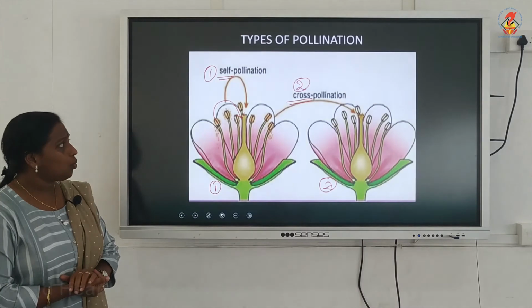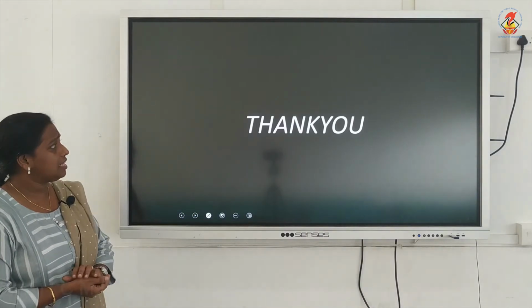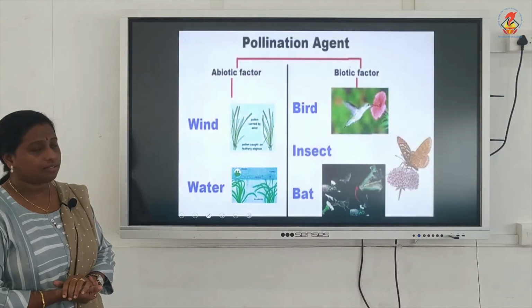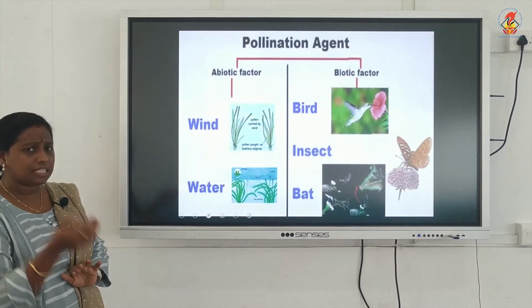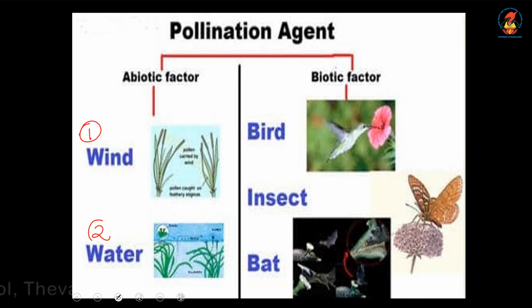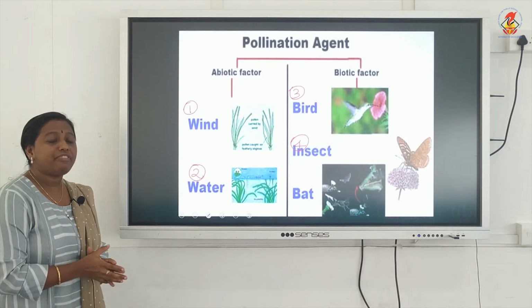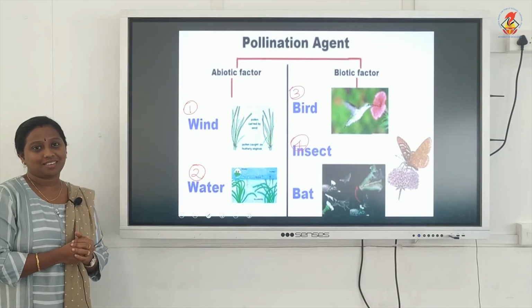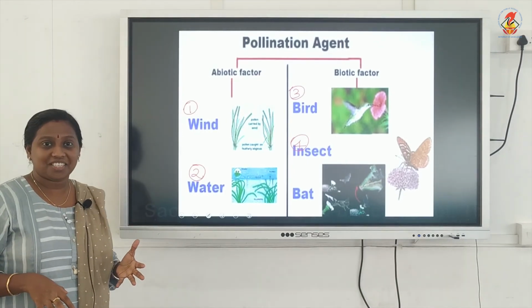Next, we will just see which are the different agents of pollination. Different agents of pollination, as I have told you earlier, wind is one agent, water is the second agent, then all the different animals, some animals, birds, everything can act as these agents. Okay, in total you can classify the agents into two types, living and non-living agents.